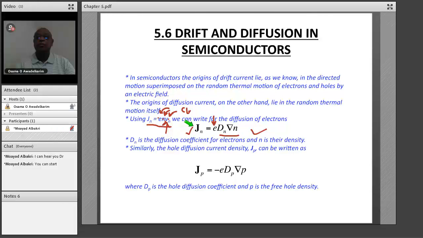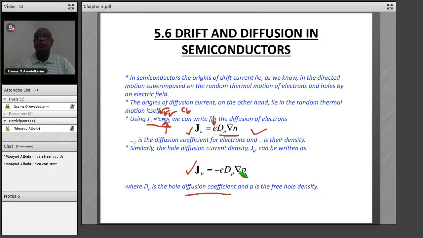Similarly, in a p-type semiconductor, we can talk about the diffusion current density by holes, that's what I'm going to call Jp, is minus E Dp grad p. Dp is the diffusion coefficient of holes, and p is the concentration of free holes, of course. Okay? So now we have two expressions for diffusion current. Always remember, in semiconductor transport, how do electrons move?